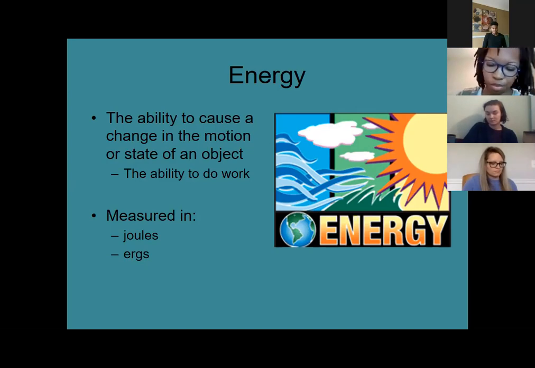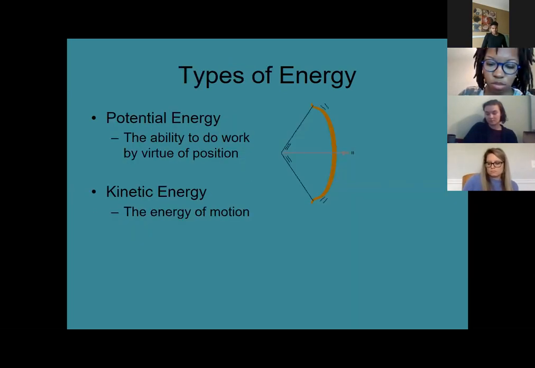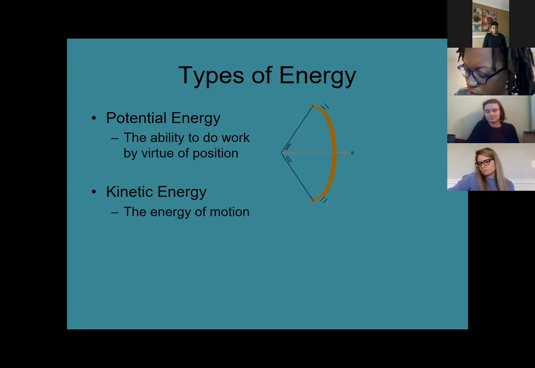For X-rays, we actually can measure energy in units of electron volts. There are lots of different kinds of energy. We have potential energy, we have kinetic energy.